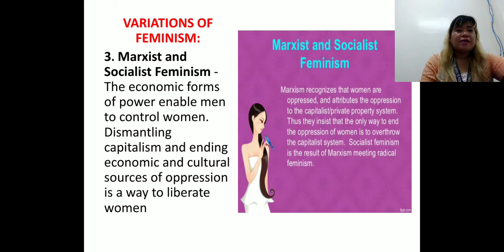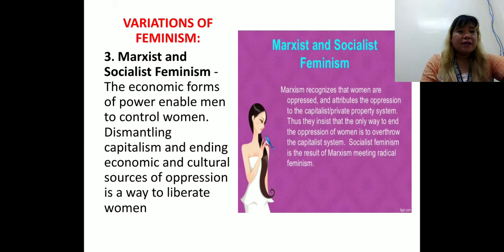Marxist feminism recognizes that women are oppressed and attributes the oppression to the capitalist private property system. Thus, they insist that the only way to end the oppression of women is to overthrow the capitalist system.